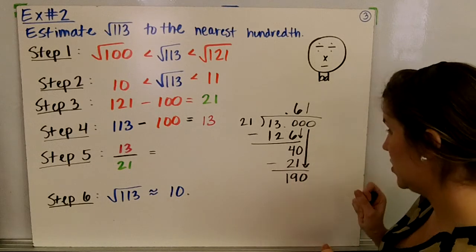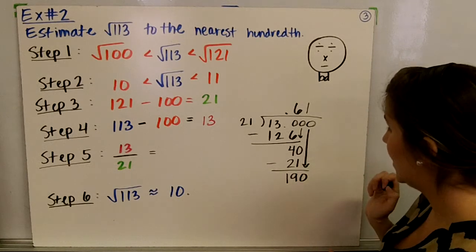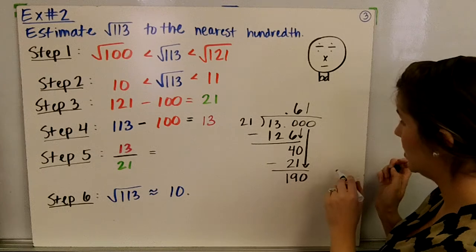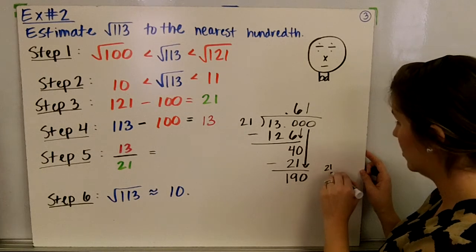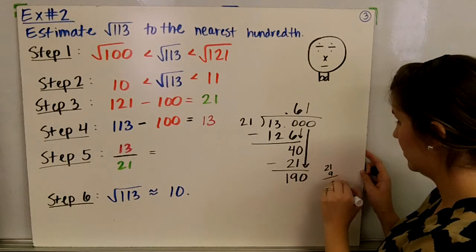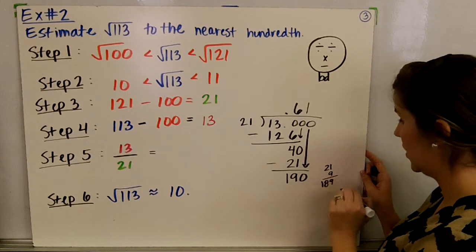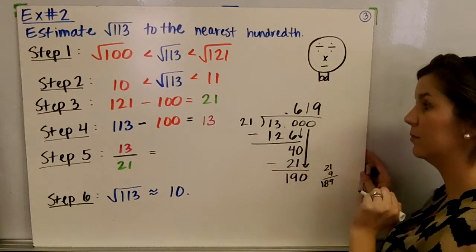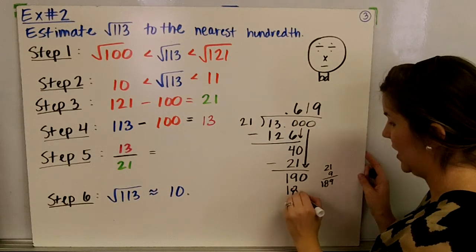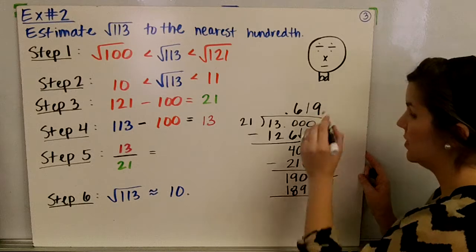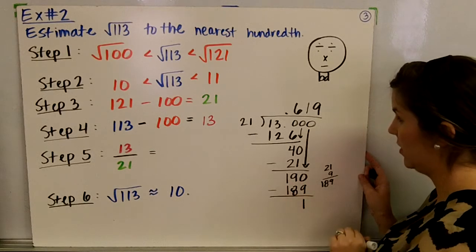21 goes into 190, let's see, 9 times. 9 times 21 is 189. Subtract, you get 1.